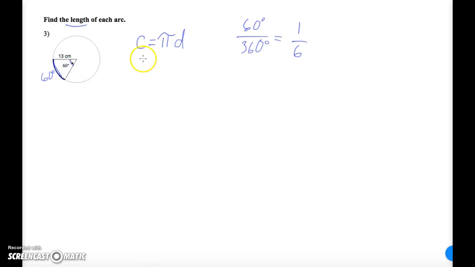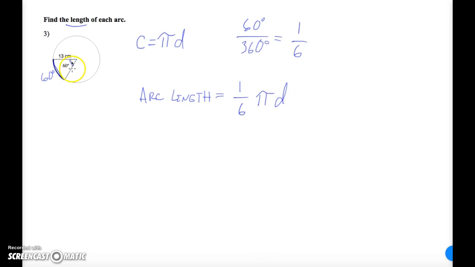So we're going to have 1/6 of the circumference. So arc length equals 1/6 of pi times diameter.